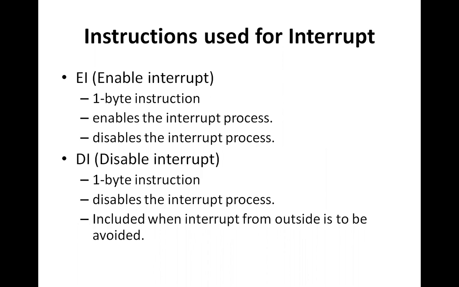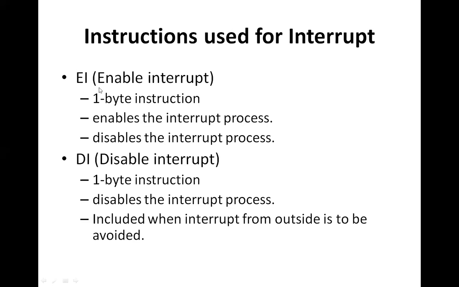Now the instructions which are used for the interrupt. The first instruction is EI instruction, which is enable interrupt. And the second instruction is DI, that is disable interrupt. EI is a 1-byte instruction and it enables the interrupt process.